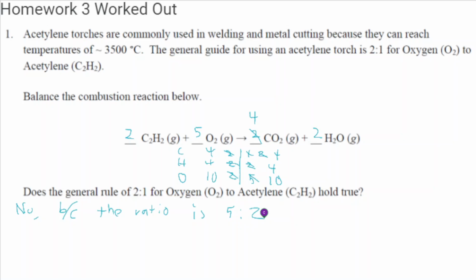So our oxygen has a coefficient of 5. Our acetylene has a coefficient of 2. So the ratio is just those numbers, 5 to 2. It's a 5 to 2 ratio of O2 to acetylene, C2H2. That'd be one response you could have.